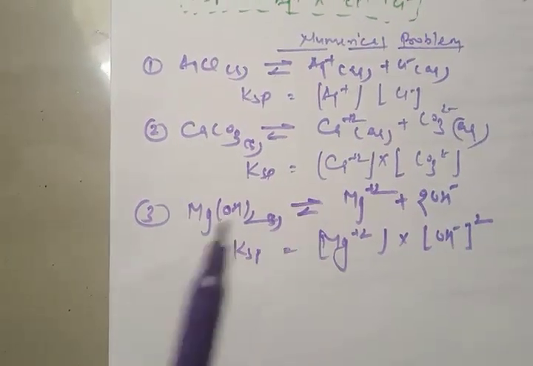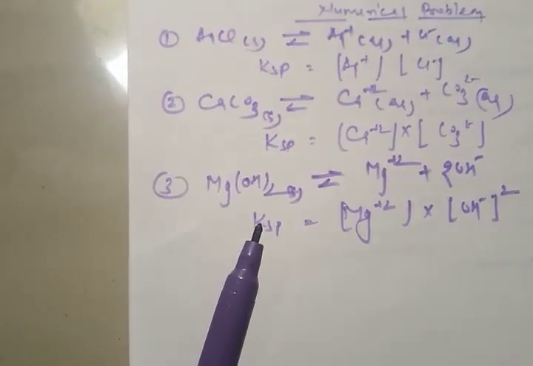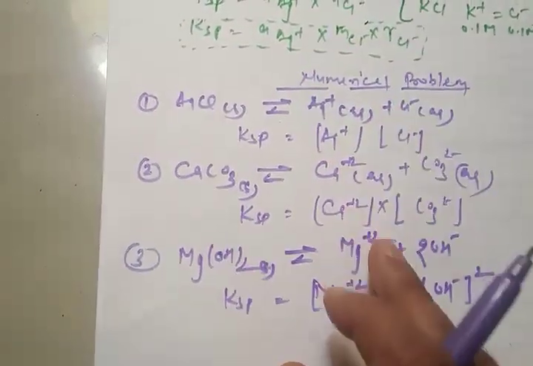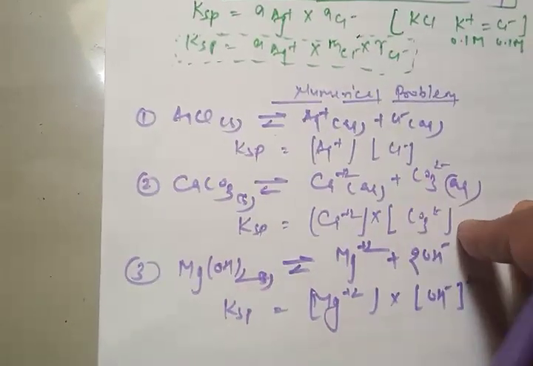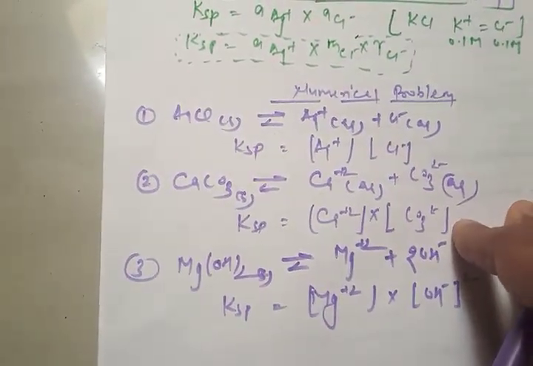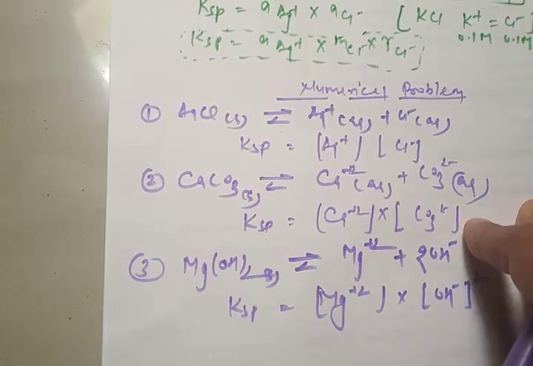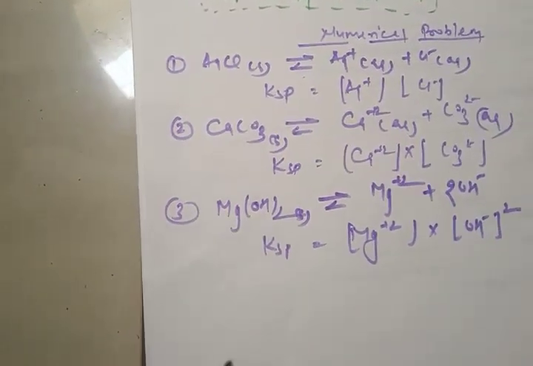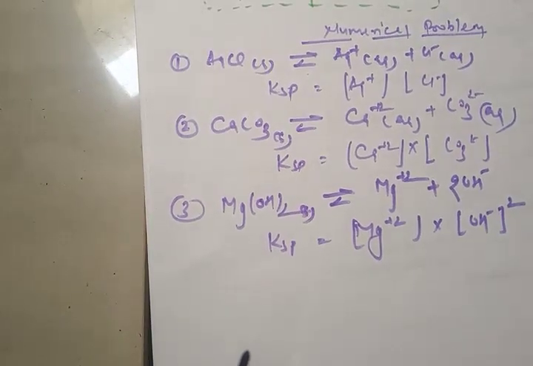Now moving ahead, I'll give you some statistical data on what the indication of these values is. Suppose you have a numerical problem, I will solve numerical problems also. Suppose you have a smaller Ksp.